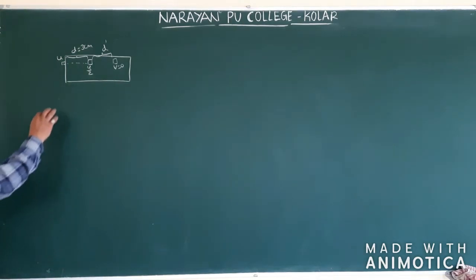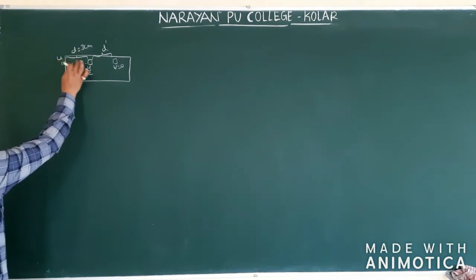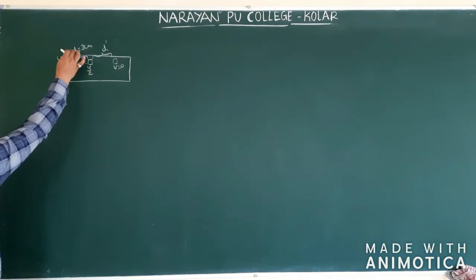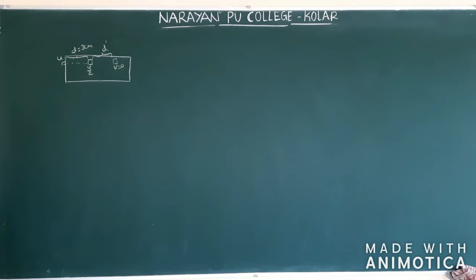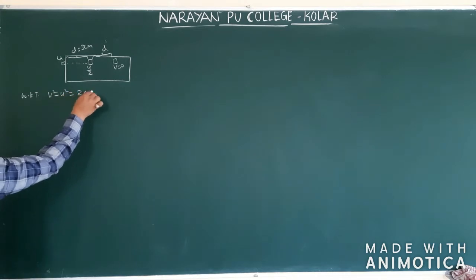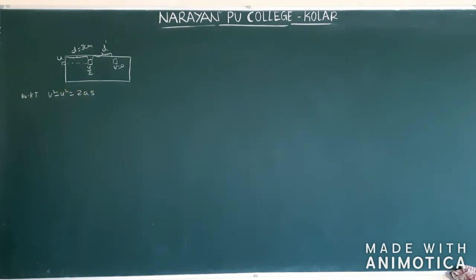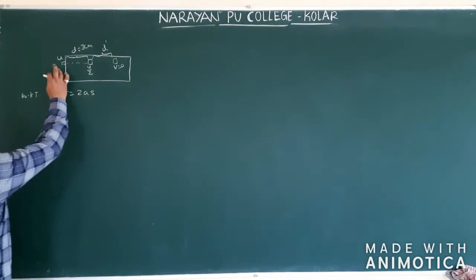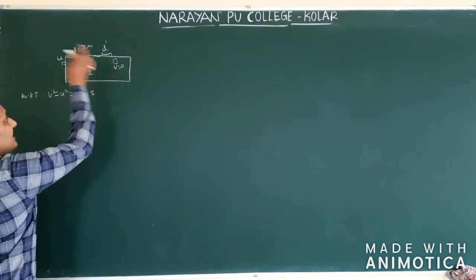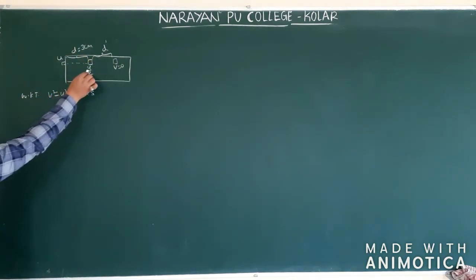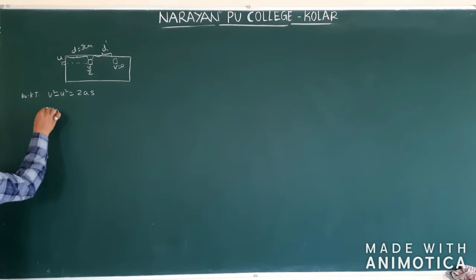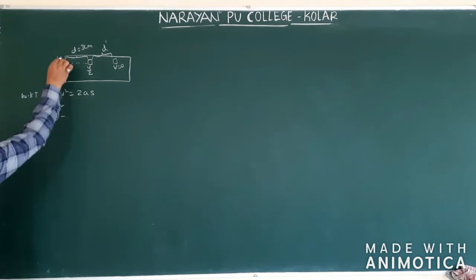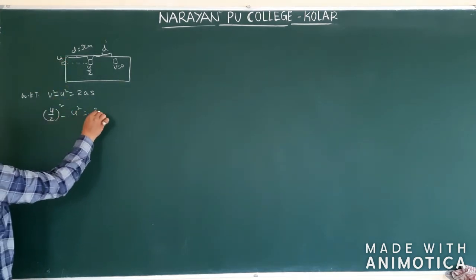That is nothing but here we can know final velocity, initial velocity, distance. What is the relation? V square minus u square equal to 2as. This one we are going to apply 2 times. One is from here to here, another one is from here to here. Okay? Now here final velocity u by 2 minus initial velocity u square equal to 2.